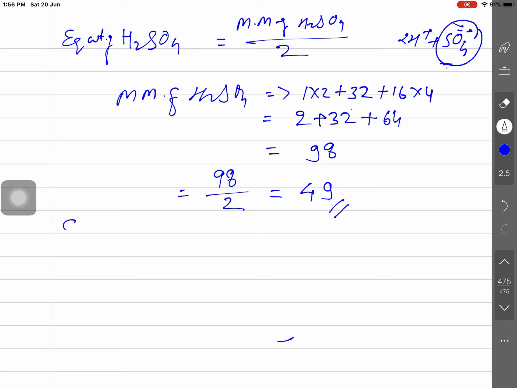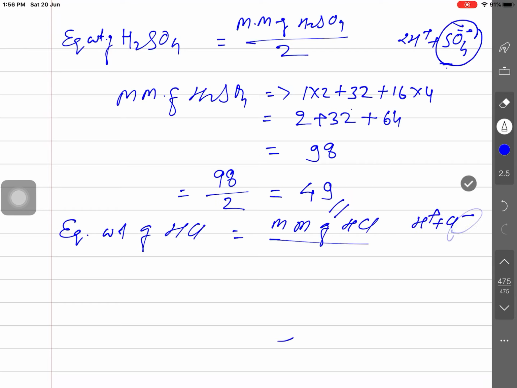The second example is the equivalent weight of HCl, which is the molecular mass of HCl divided by its basicity. HCl gives H positive ion and Cl negative ion, so the basicity is 1.